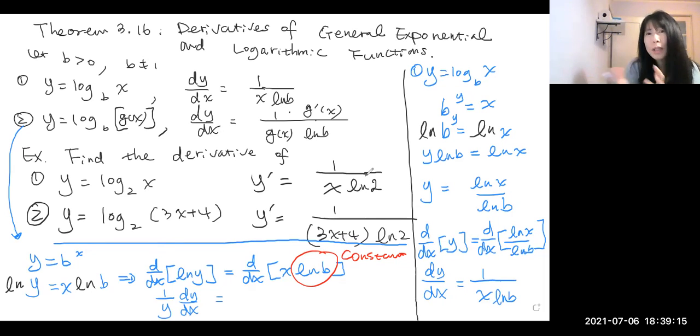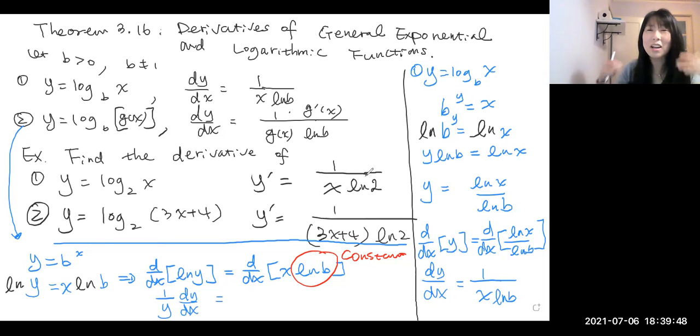So what is it in this case, with the derivative of x times ln b? Think carefully. The derivative of x is 1, but we have a constant there.